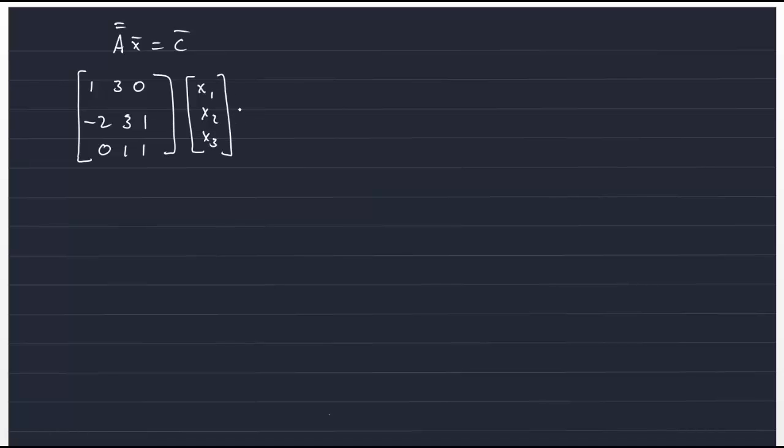So here we have a system AX is equal to C, and A is 1, 3, 0, minus 2, 3, 1, and then 0, 1, 1. And of course, X is X1, X2, X3, and C in this case will be 5, 1, and minus 2. So we need to take the determinant of A, and if we do that, we find that the determinant of A is equal to 8.